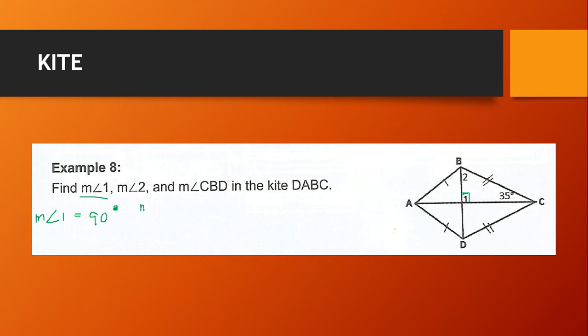In order to find the measurement of angle 2, the measurement of angle 2 equals 180 degrees minus the measurement of angle 1 plus 35 degrees. Okay? This is the basis when you look for the measurement of angle 2: this portion forms a right triangle.